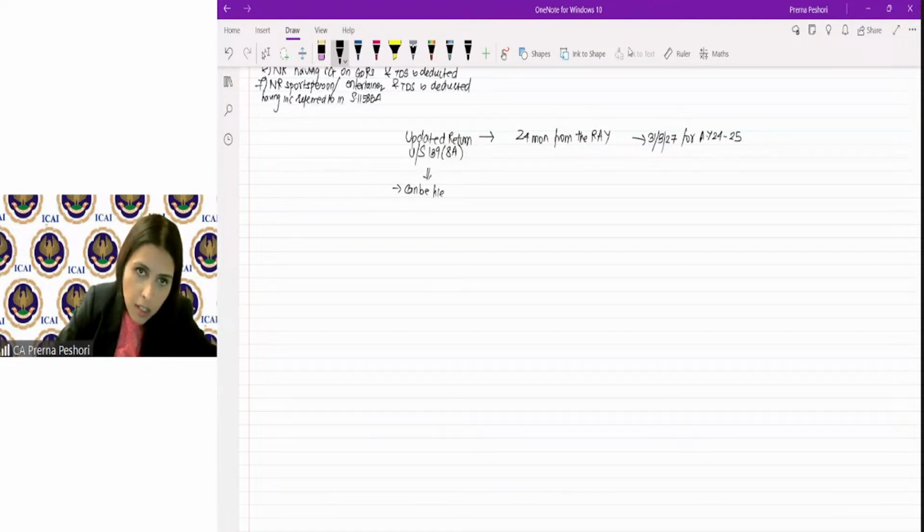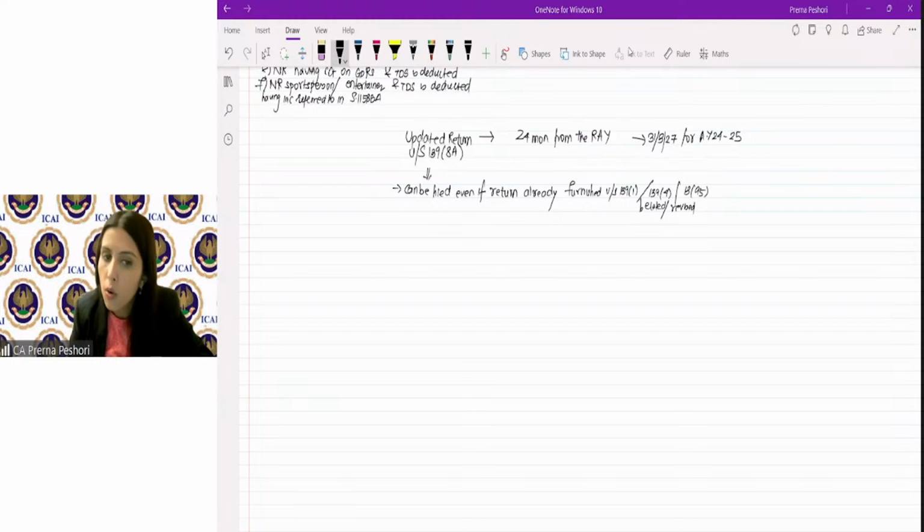It can be filed even if a return is already furnished under section 139(1), 139(4) or 139(5), that is belated or revised return.